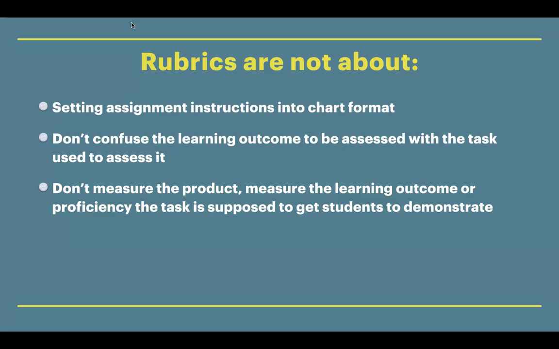Okay, so we're not measuring the product, we're not measuring the task that they're doing, but we are measuring the learning outcome, or the proficiency that the task they're doing or presenting or demonstrating to you somehow is supposed to get the students to show that they have learned that specific learning outcome, or to what level they have learned that outcome. It's not about the task. It's not just to assess how compliant they are in a list of instructions. That's not the point of a rubric.